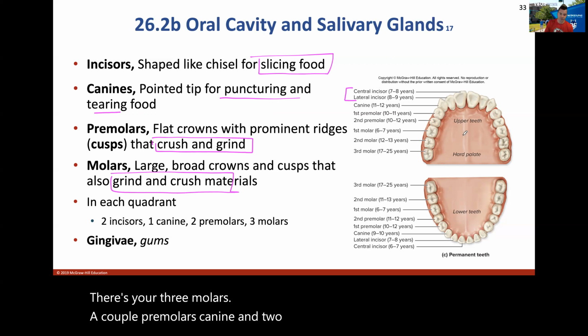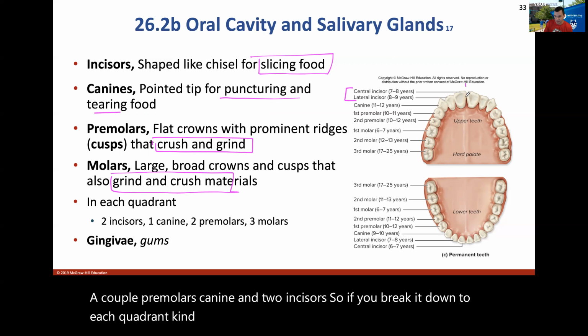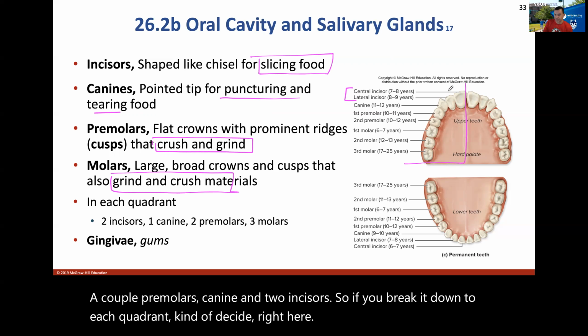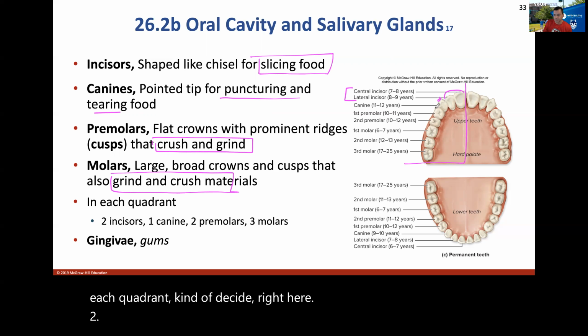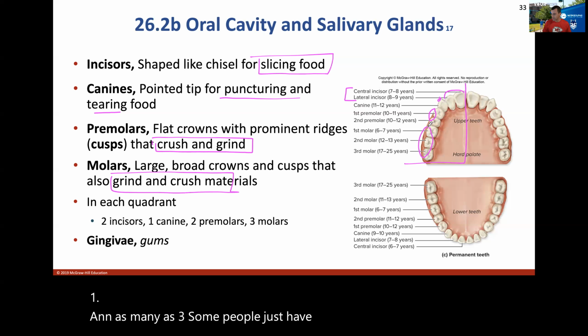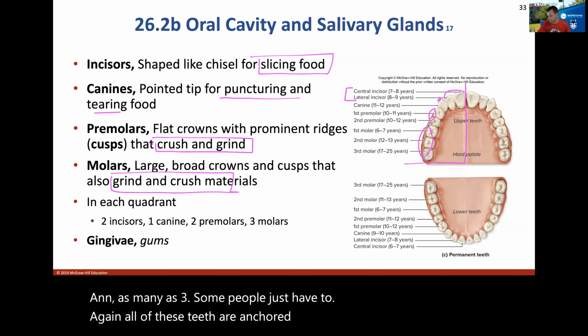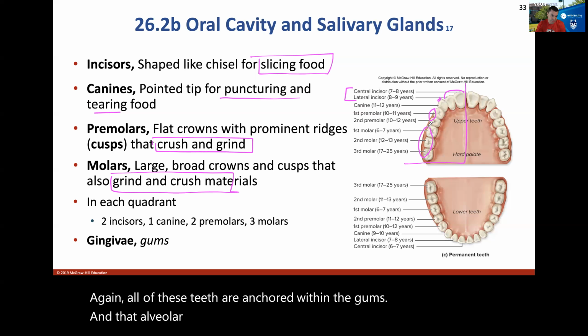If you break it down to each quadrant, kind of the side, right here: 2, 1, 2, and as many as 3. Some people just have 2. Again, all of these teeth are anchored within the gums in the alveolar sockets of the maxilla and the mandible, and the gingiva is the gums.